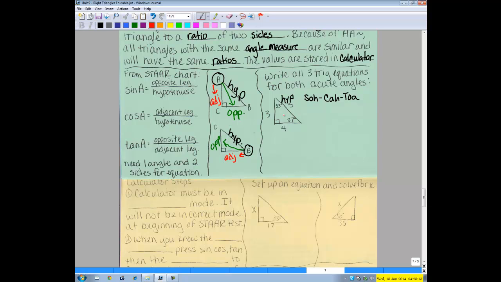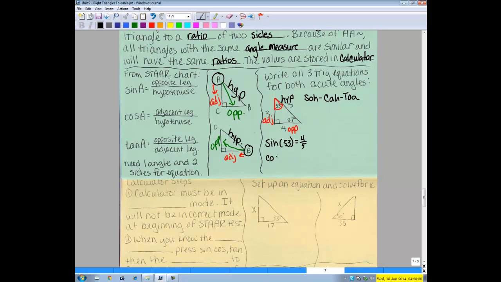If we are talking about 53, the one right next to it, 3, is now your adjacent, and the one across from it, 4, is your opposite, if you're talking about 53. So, sine of 53 will equal, sine is opposite over hypotenuse, so opposite 4 over my hypotenuse 5, so 4 over 5.